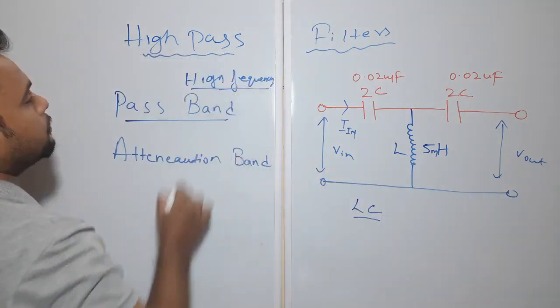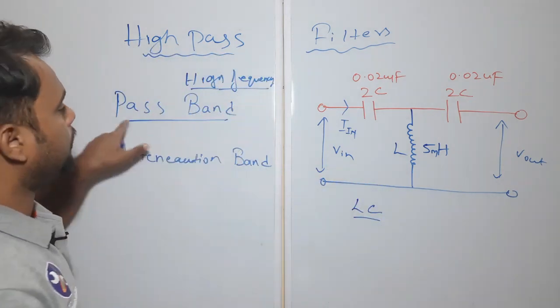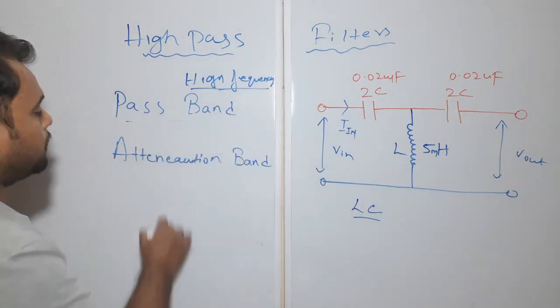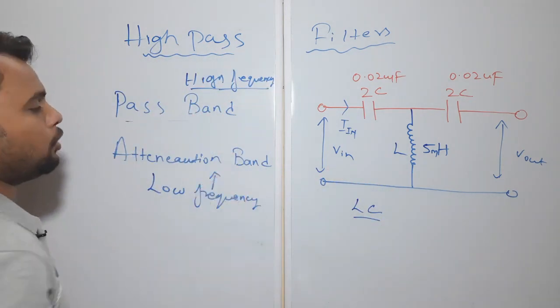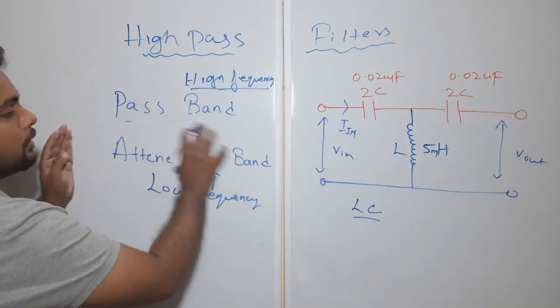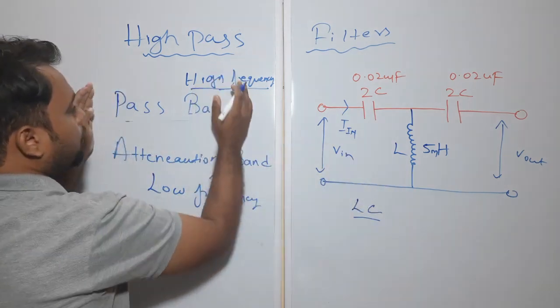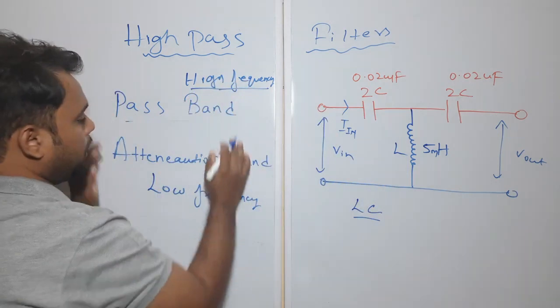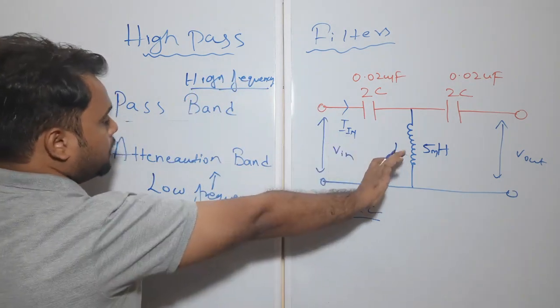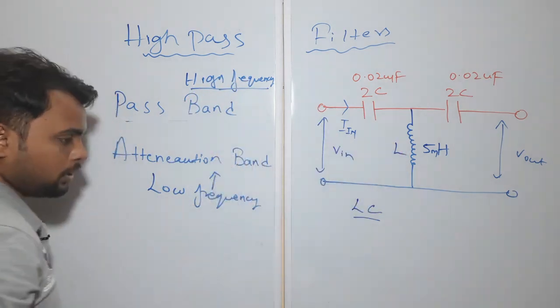In the case of a high pass filter, the high frequency wave will be inside the pass band, but the low frequency will be inside the attenuation band. That means the filter will allow the high frequency wave, that is the pass band, and the low frequency wave will be rejected by the filter, that becomes the attenuation band.